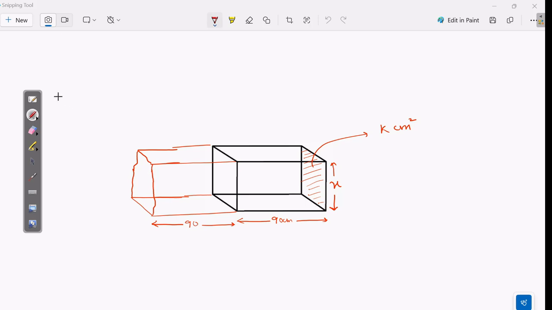So you have three pieces of information, Anika, and in any question we will try to use all the information that's given to us. First, the area of this square is k centimeter square. How will you use this information?